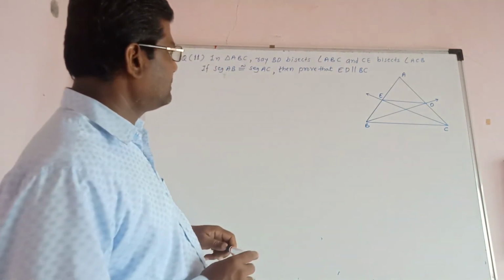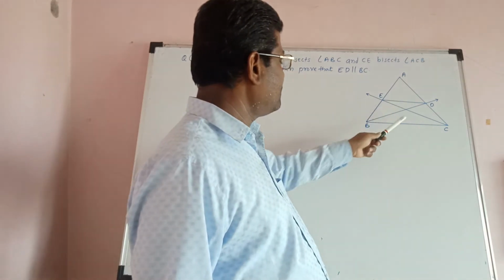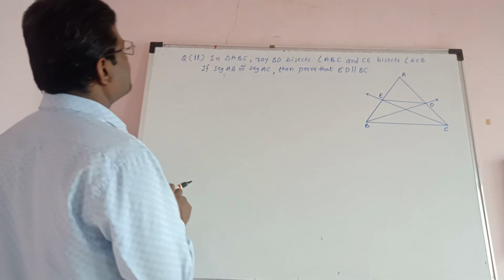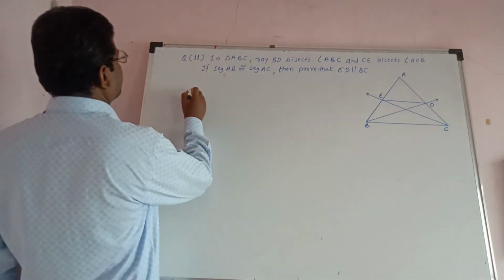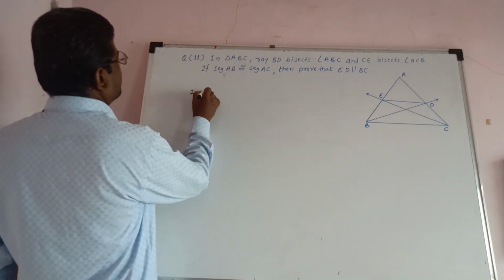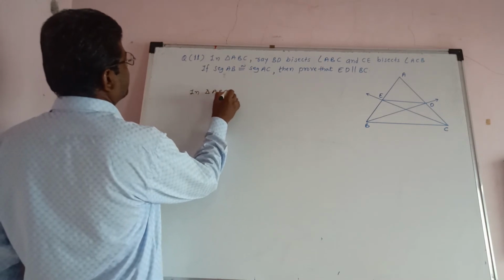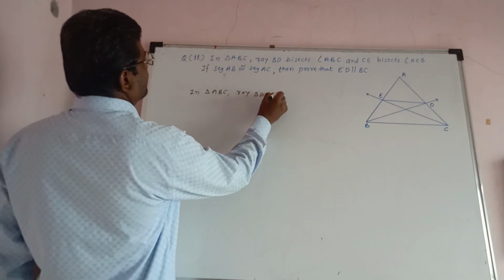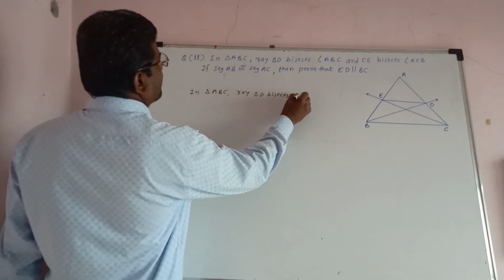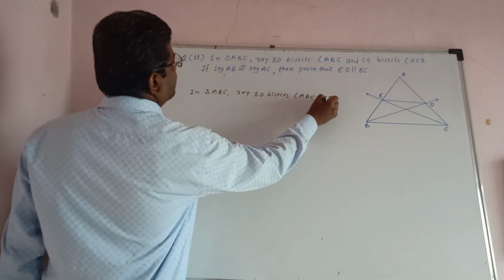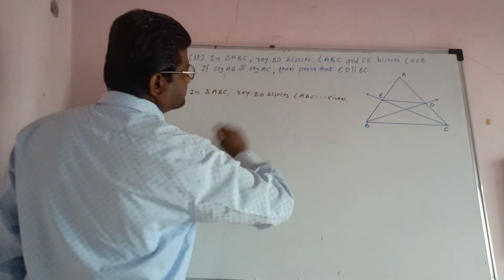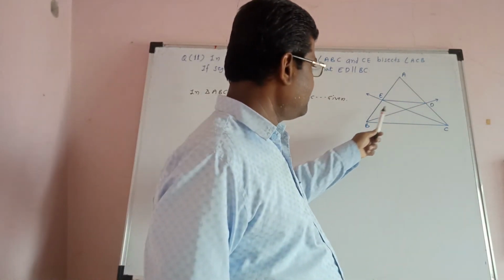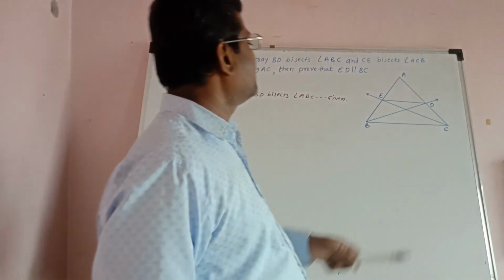Then prove that ED parallel to BC here. Now we have given in triangle ABC, ray BD bisects angle ABC. This is given.